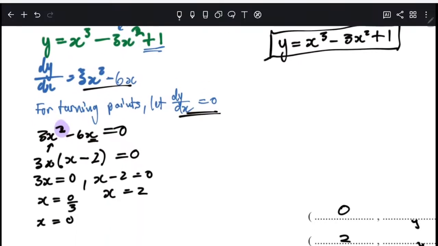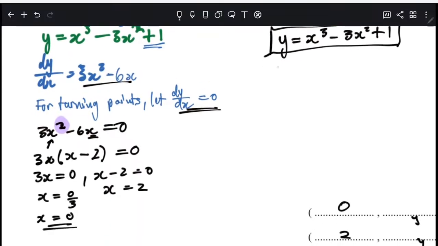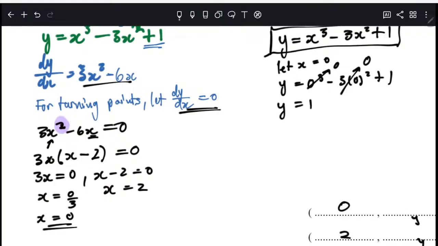So here, what are the answers? x is 0. So you can say, let x equal to 0. You get y equal to 0 cubed minus 3 by 0 squared plus 1. Anything where there is 0, it's going to be a 0. Here it's going to be a 0 plus 1. So you just get y equal to 1. So y here will be 1. Then you can write again, y is x cubed minus 3x squared plus 1.